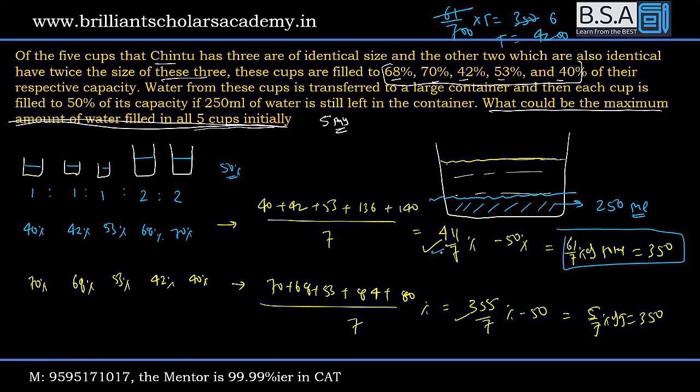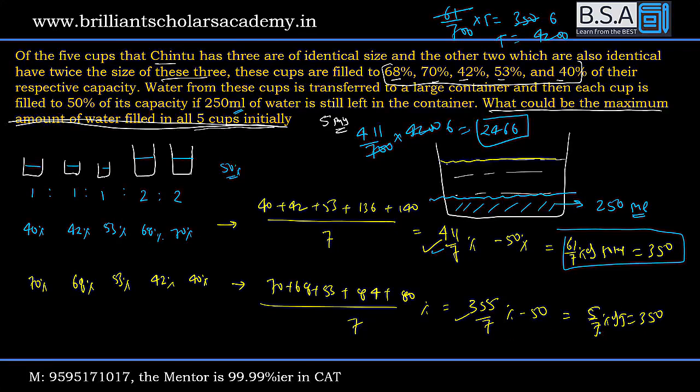You put it here and see how much volume of fill you get. 411 upon 700 into 4200, cancel 6. So you have 2466 filled. First option, 2466. Not liters, ml, this all is ml. 2466 ml filled in the first option.